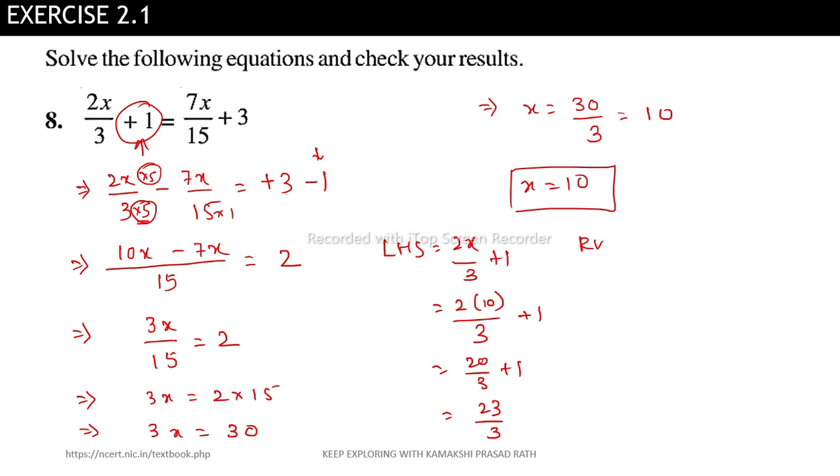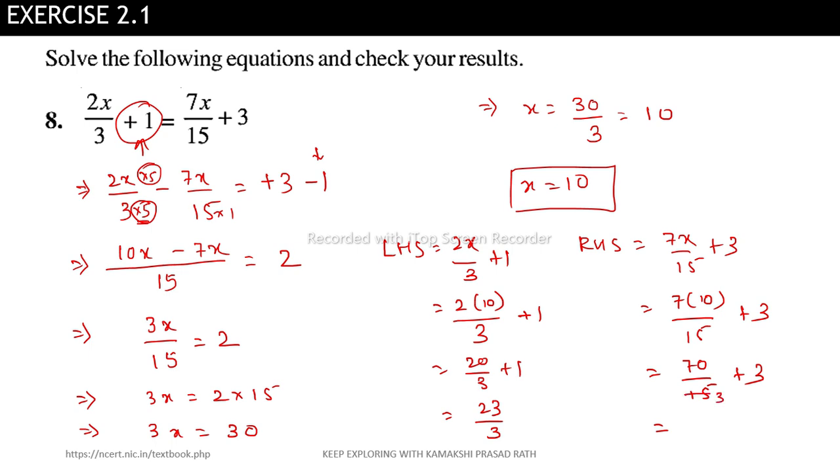Let us check the same thing for RHS. We have 7x by 15 plus 3. That is 7 times 10 by 15 plus 3. So 7 times 10 is 70 by 15 plus 3. So we can cancel 70 and 15.